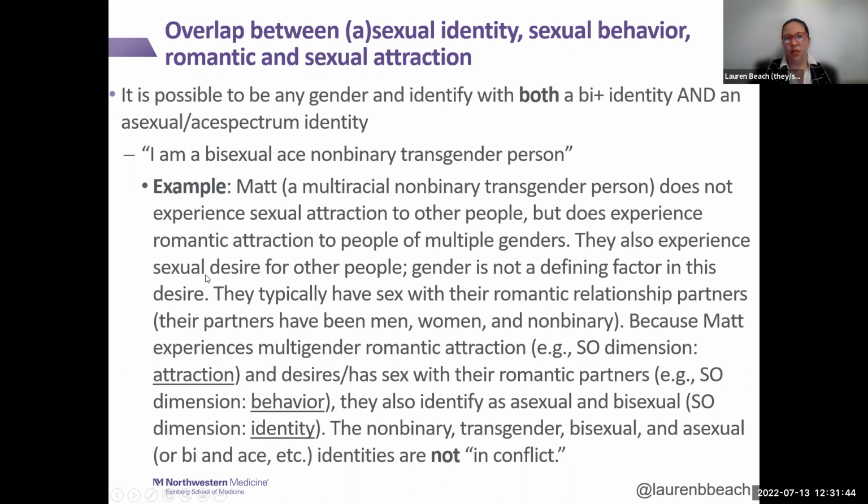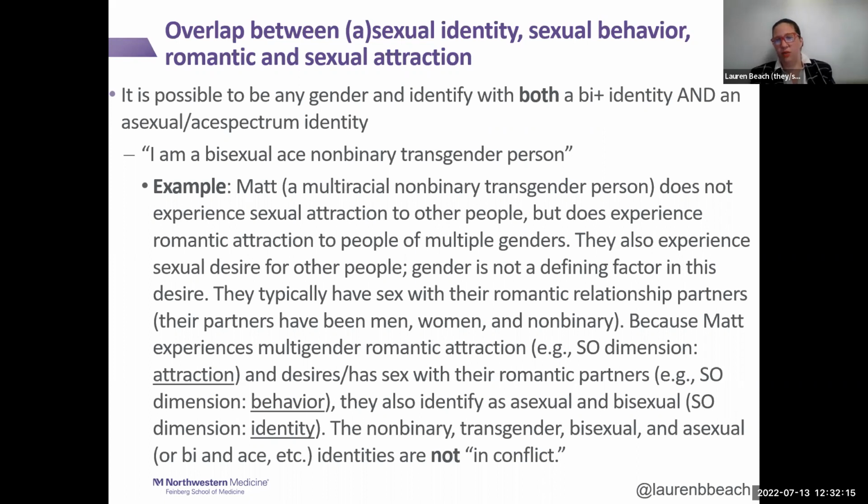They also experience sexual desire for other people, but gender is not a defining factor in how their sexual desire plays out. You can see that this example says that Matt does engage in sex with their romantic relationship partners, and that their partners have been a variety of genders, and that because Matt experiences multi-gender romantic attraction and has sex with romantic partners, so sexual attraction behavior coming up here, they also identify as both asexual and bisexual.